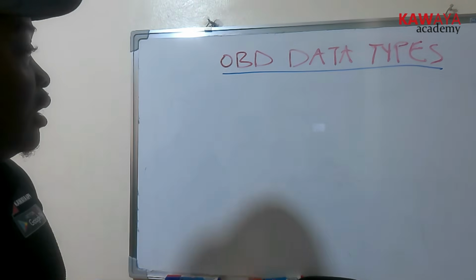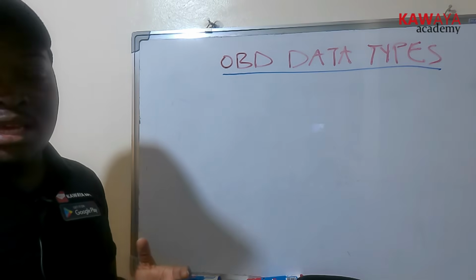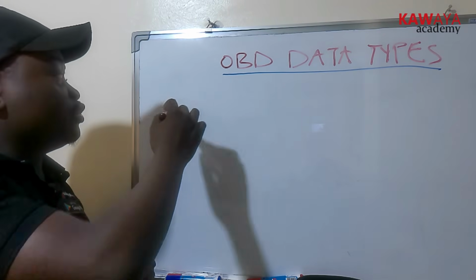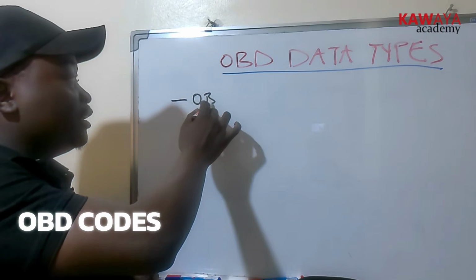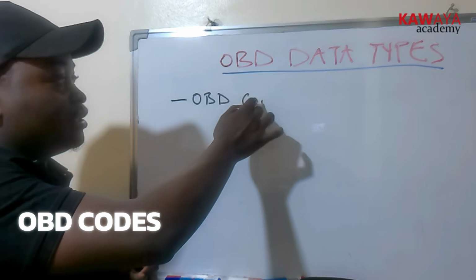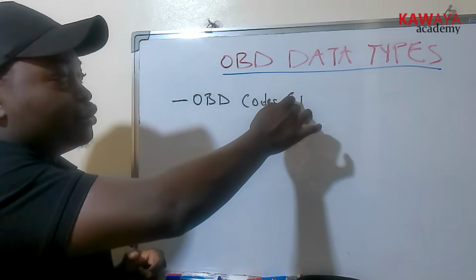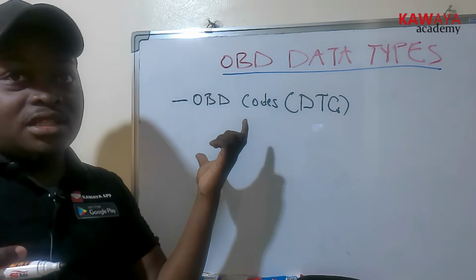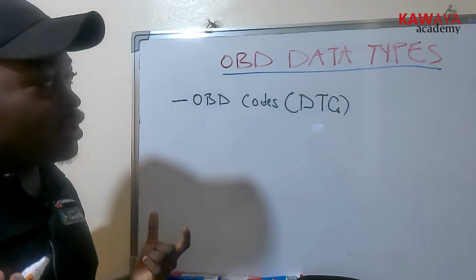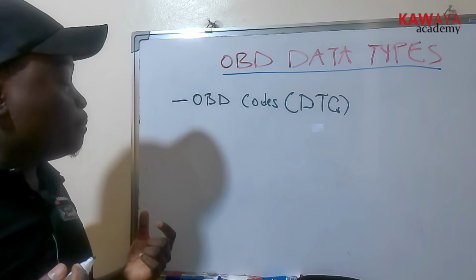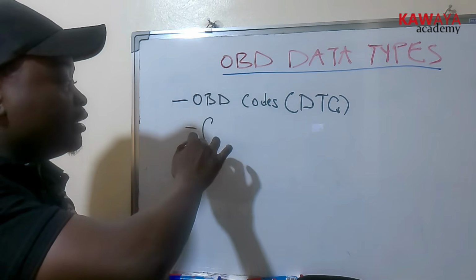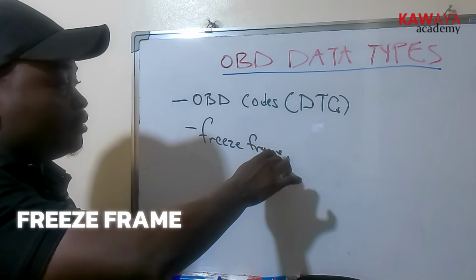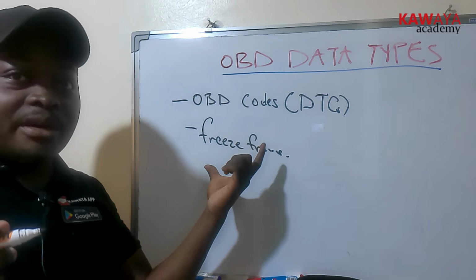Okay, so we have different data types, and the first data type I'm going to talk about is what we call OBD codes, which are called diagnostic trouble codes or DTCs. These are very common. I'm also going to talk about freeze frame data, which is another data parameter.